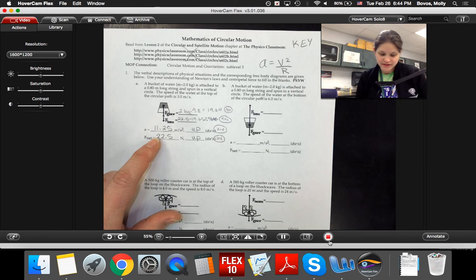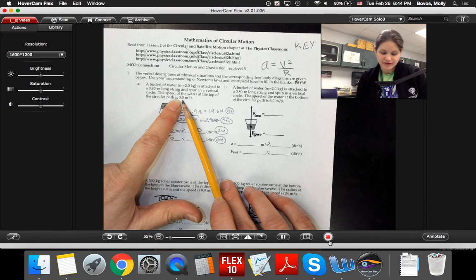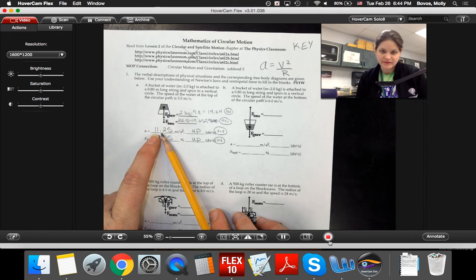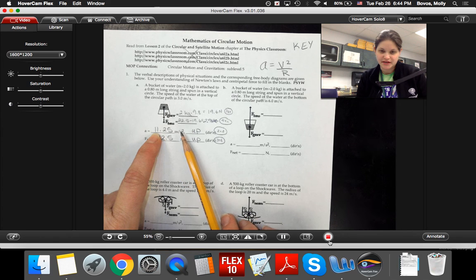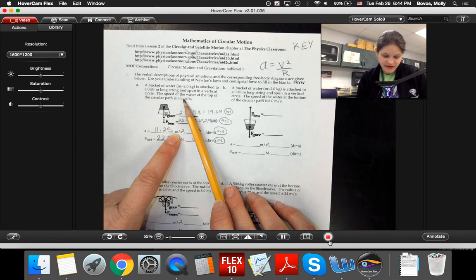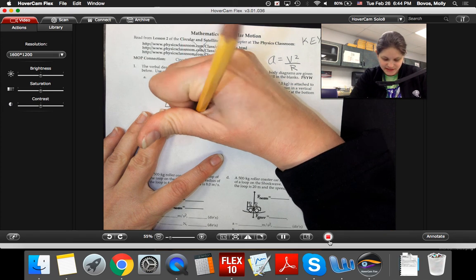So then all I did was 3 squared, which is 9, divided by 0.8, and I got 11.25 meters per second squared. And the direction that is pulling, oh, I'm realizing this is at the top of the circular path, and that should have said down.